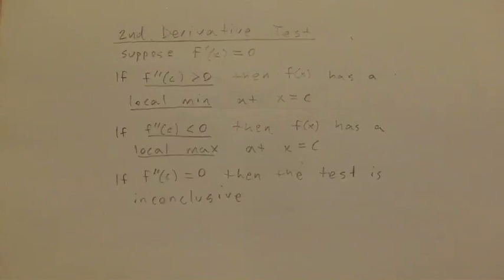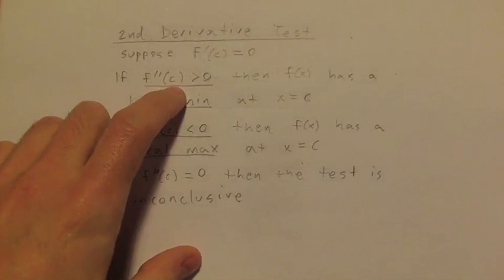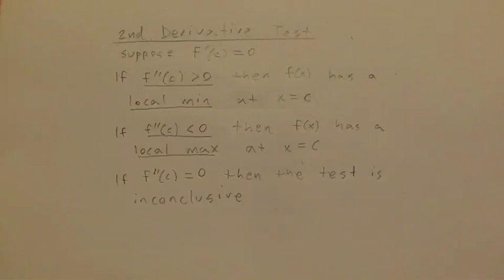Now, there are some benefits to using the second derivative test. For some reason, students here tend to not like the second derivative test, but honestly, it's actually a lot quicker because you just plug the critical point straight into the second derivative. You don't have to find values and check the derivative from either side. But there are some problems. The second derivative test won't always work.